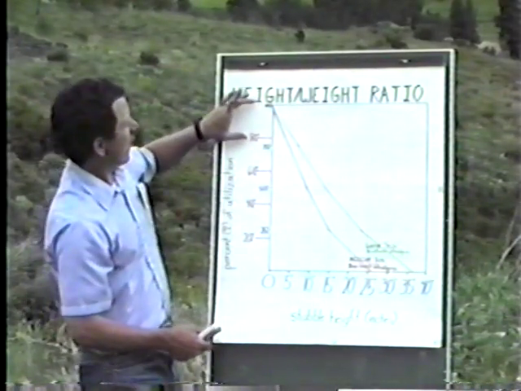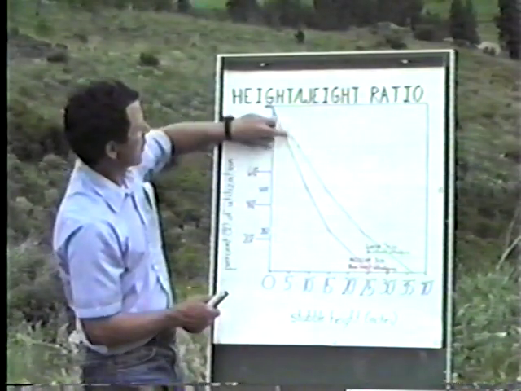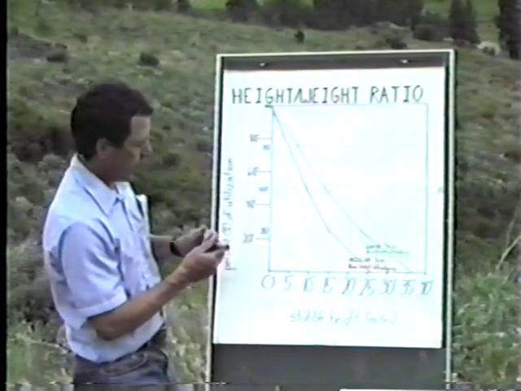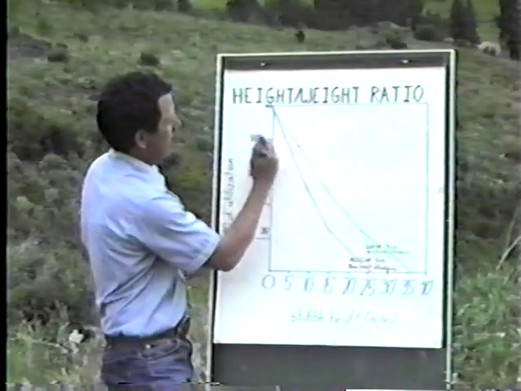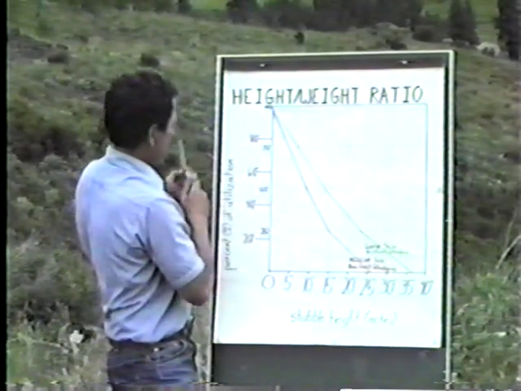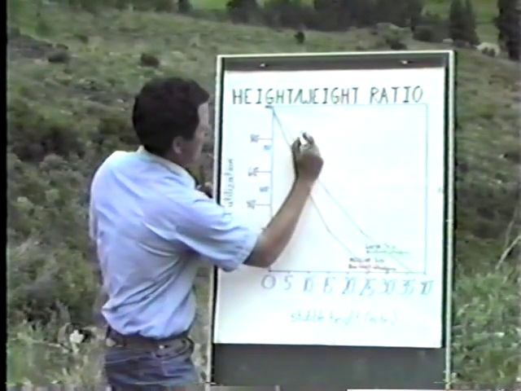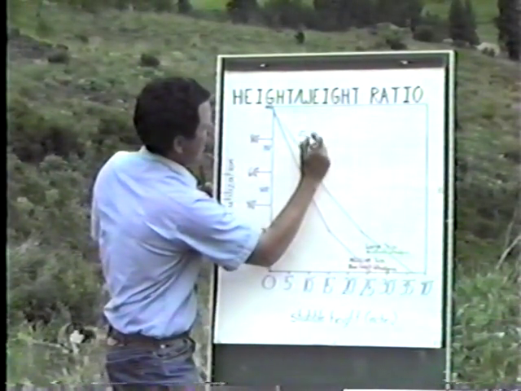We'll have a 80 to 100% graze class, which in our large size blue bunch wheatgrass, our break point is about 5.5 inches.